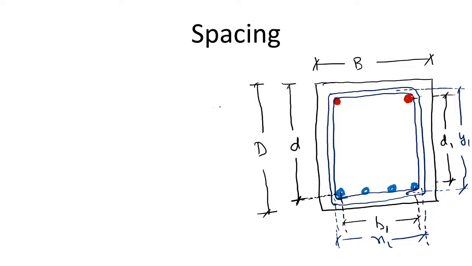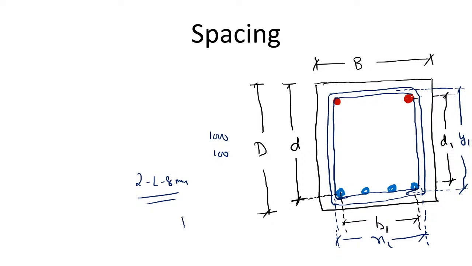So suppose if this capital D is 1000 and here this clear cover is, let's say, 100, and let's say 2 legged 8 mm stirrup is used, then what is the value of y1?